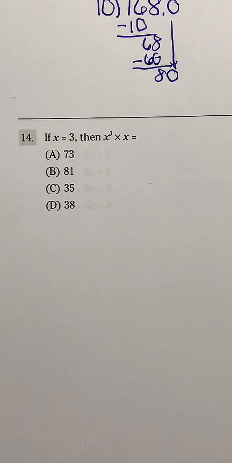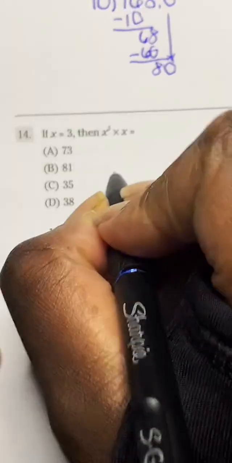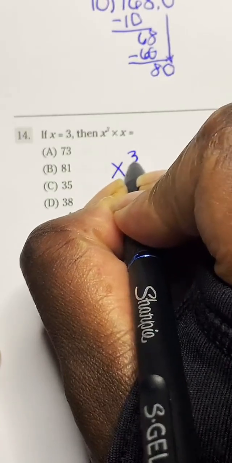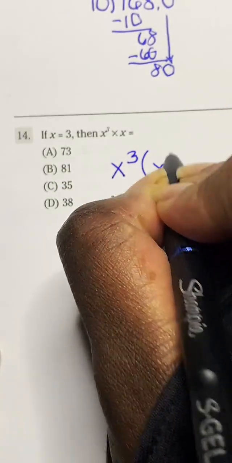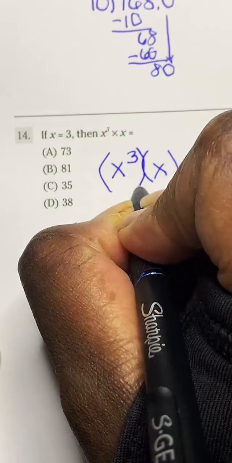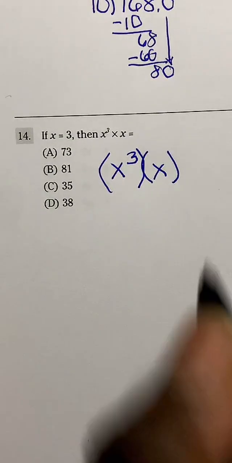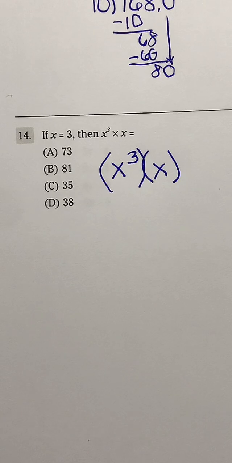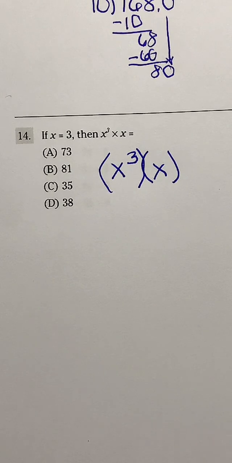Okay. All right, number 14. Let's see what we got. If x equals 3, then x cubed times x equals what? Is it A, 73, B, 81, C, 35, or D, 38?